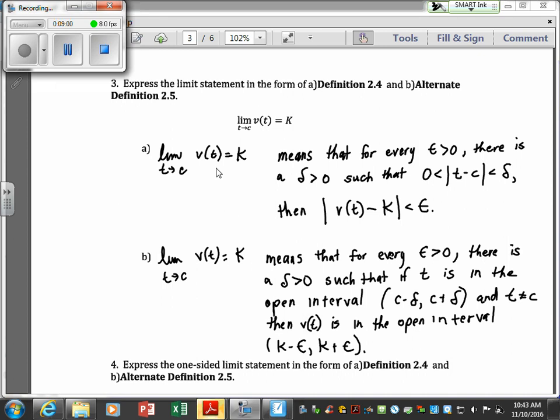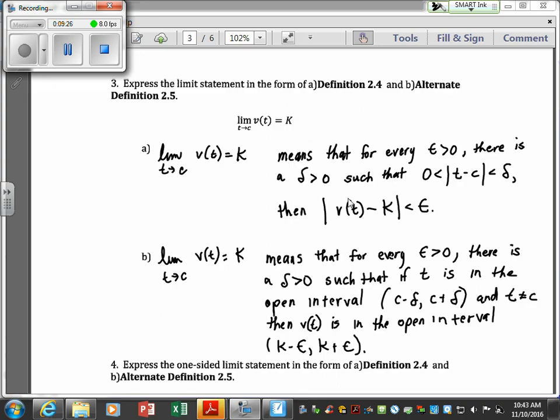Okay, if we change our f of x to v of t, x approaches a to t approaches c, and our limit is k, it just means that for every epsilon greater than 0, there's a delta greater than 0 such that if t is within delta of c, then our function is within epsilon of our limit k.